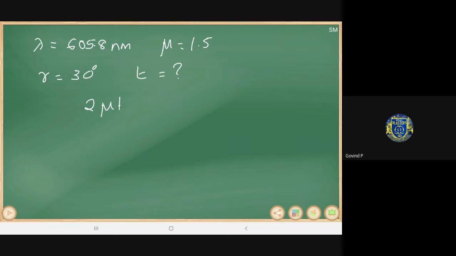Calculate the smallest thickness of the plate which will appear dark by reflection.